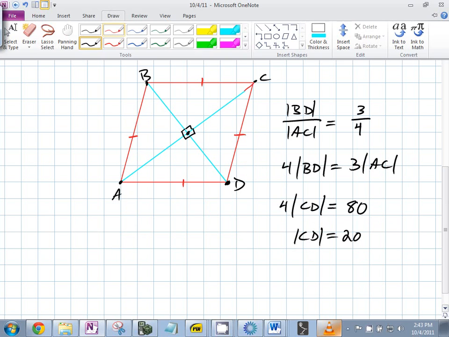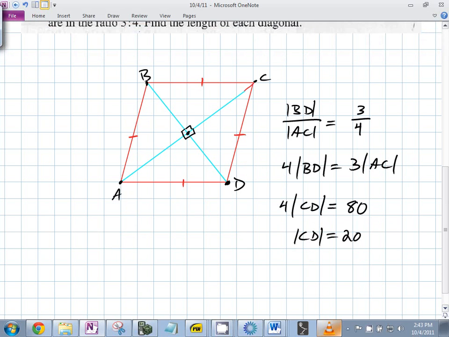Okay, so I have a question for you. We can logic out the proof in a second, but let's call this center E right here. Let's say B to E is equal to 3x. If this was 3x, can someone tell me what CE must be? 4x.